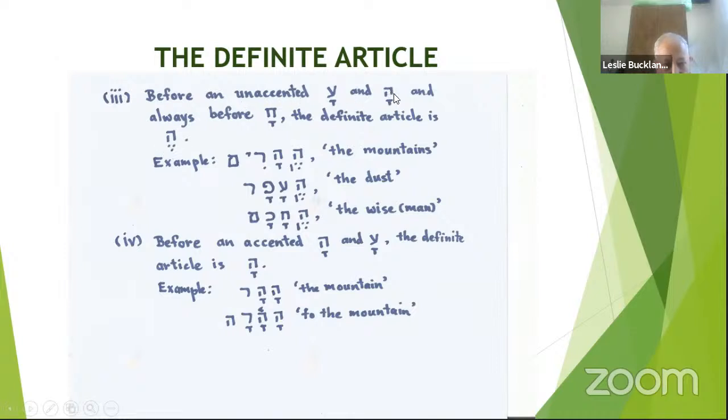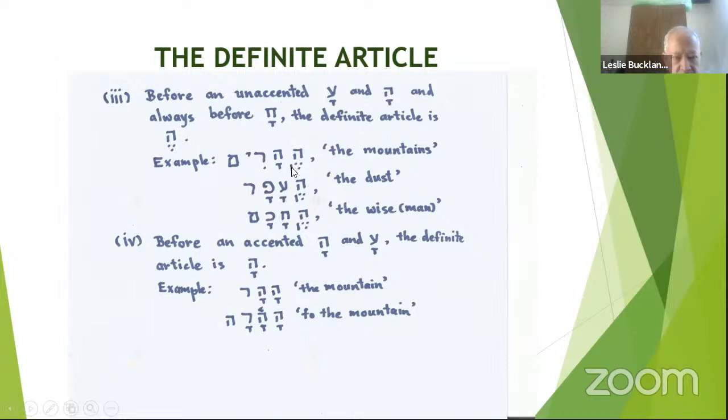So if the first letter of a noun or an adjective does not have an accent over these syllables, ha, ah, and the definite article is put before any of them, the pathak underneath the definite article has to be changed to the segol. And so the definite article becomes he.